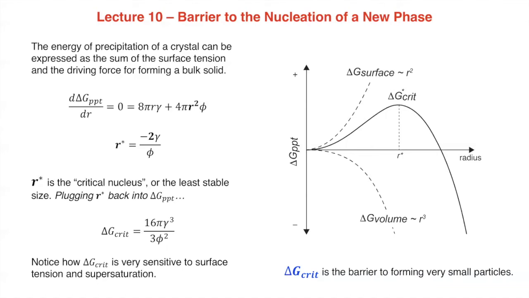Okay, so as the surface tension goes up, the R star gets larger. As the supersaturation energy goes up, the R star gets smaller. And so you can actually pull out what the barrier height would be just based on those two terms. And you can see that the delta G is really sensitive to surface tension and to supersaturation. Okay, so the barrier height is strongly dependent on these energetic quantities.